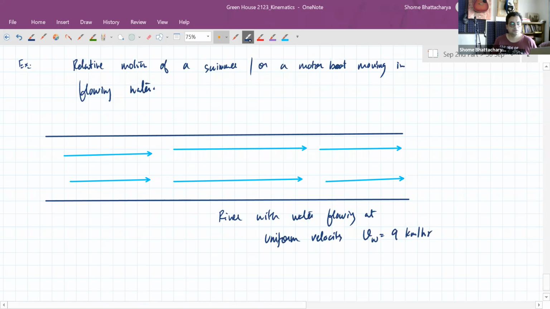So it's a pretty rapid river, so water flows at constant velocity like this.